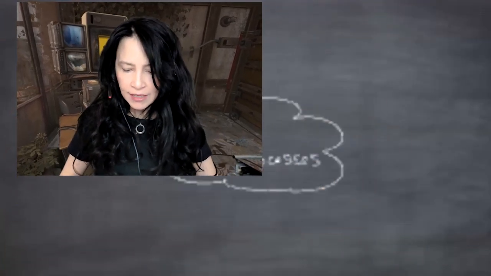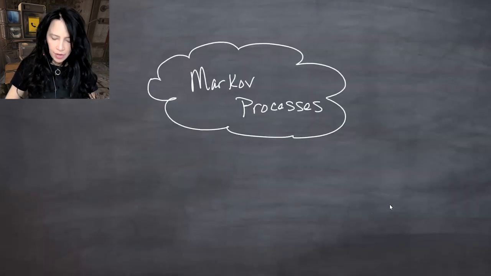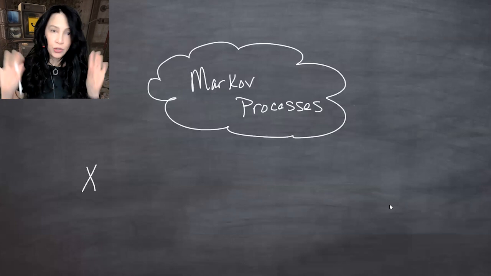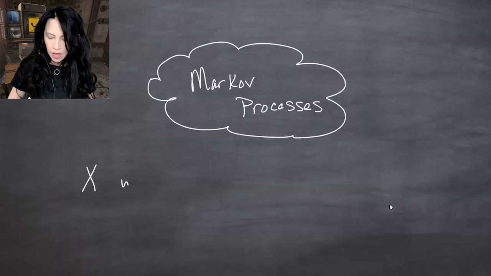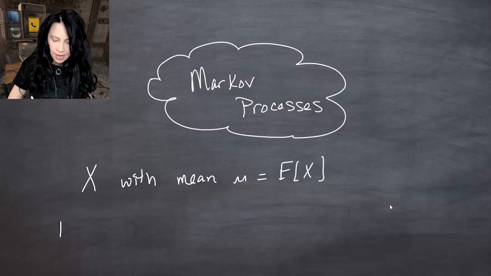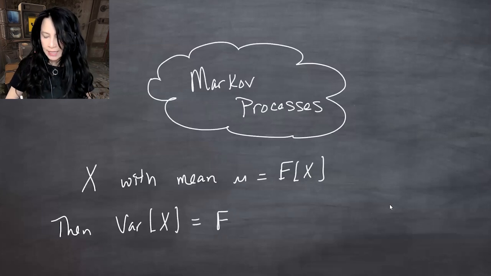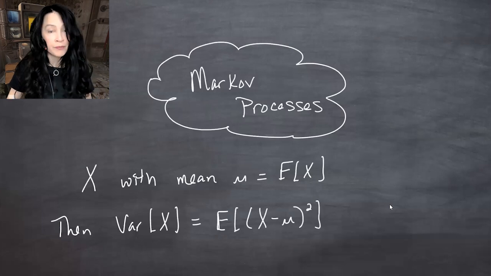If you have a random variable x, discrete or continuous, with a mean or expected value mu, defined to be the expected value of x, then the variance of x, which is a measure of the spread of the distribution, is the expected squared deviation of the random variable from its mean.